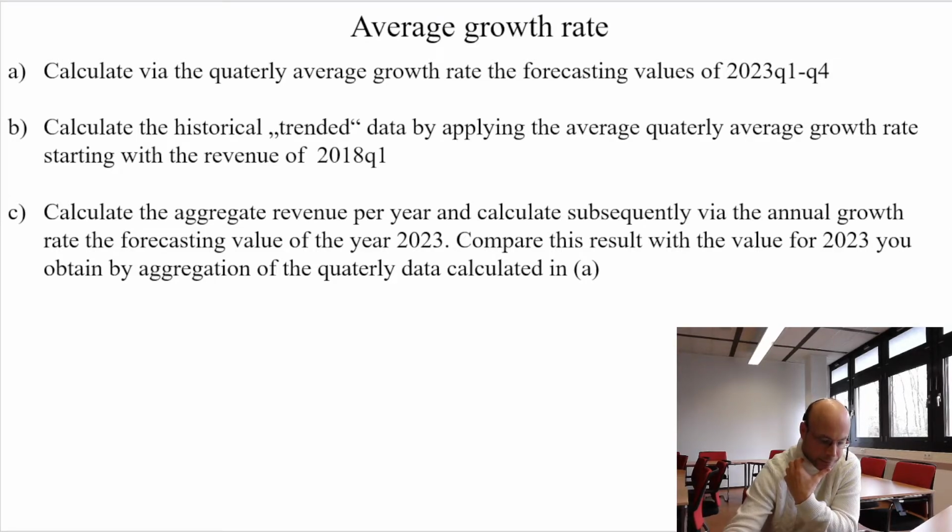And in B, we at first want to use the trended data, so we are using the average quarterly growth rate starting in 2018 Q1.